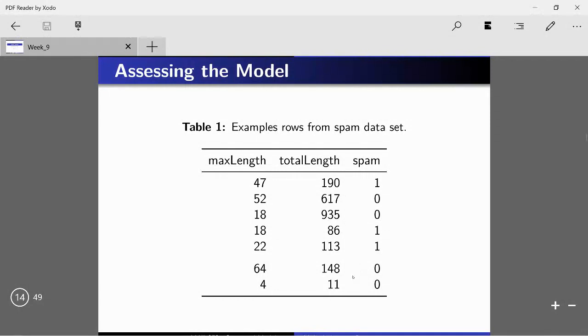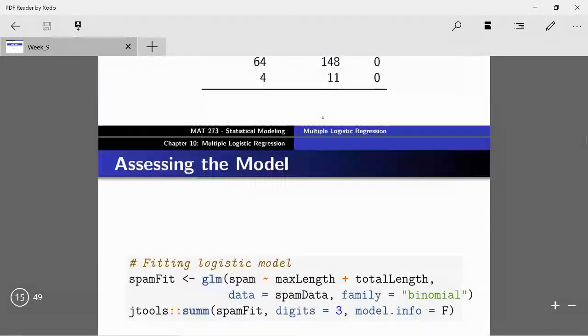You can see it's always bigger than max length because we count words with consecutive capital letters and also ones that are not consecutive and sum them all up for total length. These are our two candidate predictors, with the idea that an email that's spam will tend to have a lot more capital letters in it. You know, you've won, you're a giant big winner of $1 million. It's usually in all caps if it's spam. So that's the idea here.